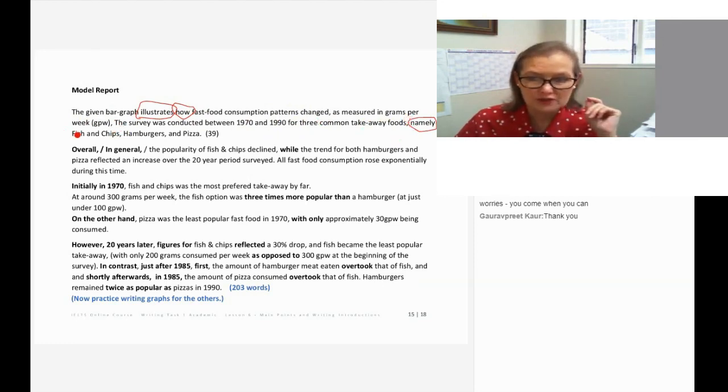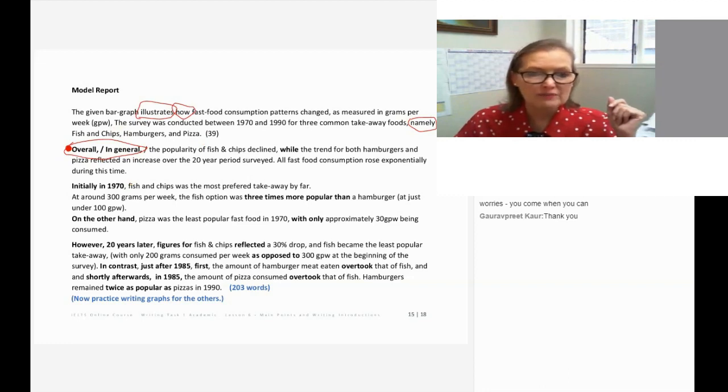All fast food consumption rose exponentially during this time. So once again, rose exponentially. I'm using my language to talk about change over time. So we could say initially in 1970, fish and chips was the most preferred takeaway by far.